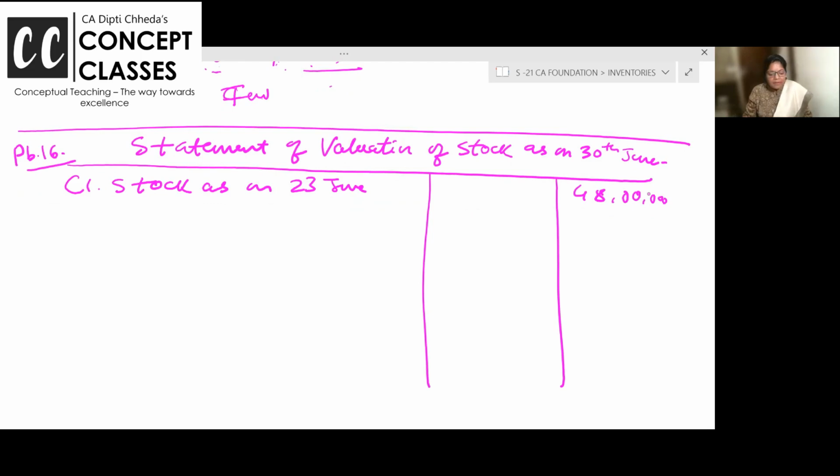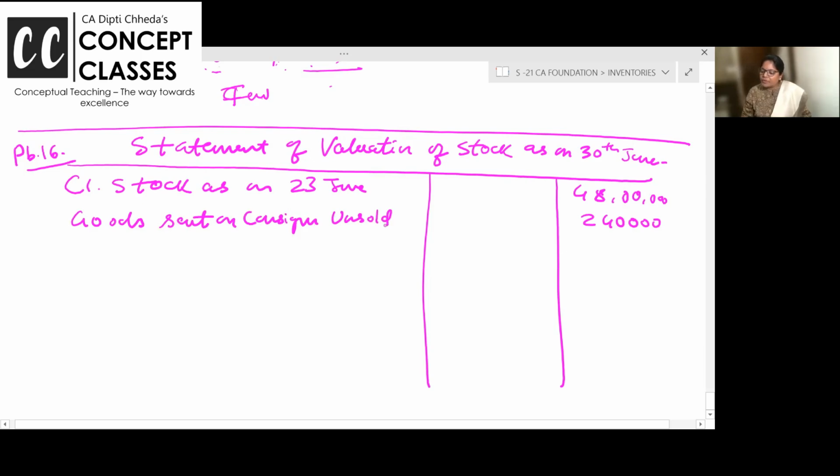So added back 240. Goods sent on consignment unsold 240. Purchases of 4 lakhs were made, out of which goods worth 160 were delivered on the 5th of July.